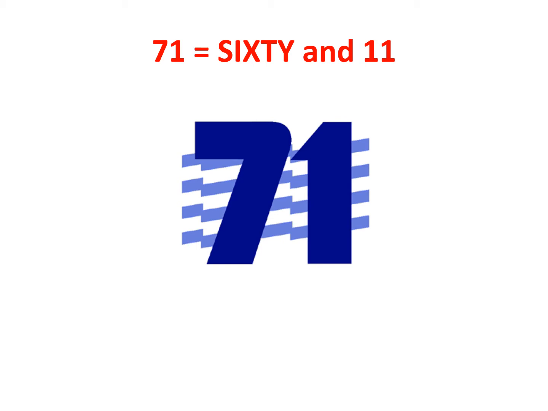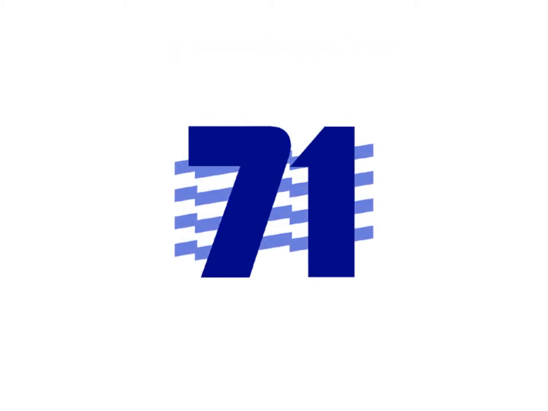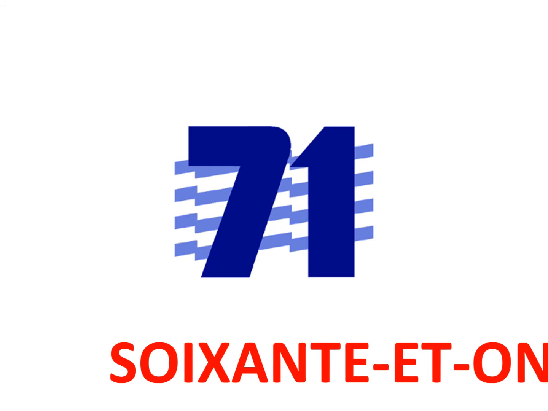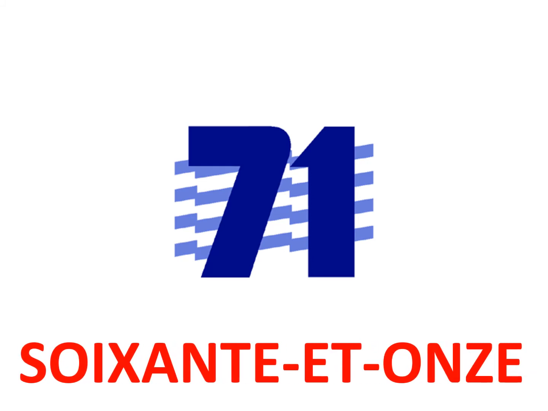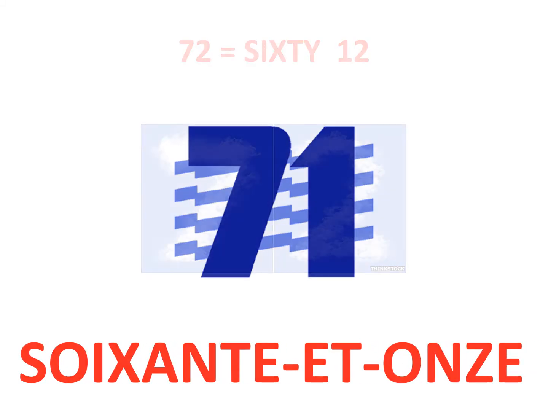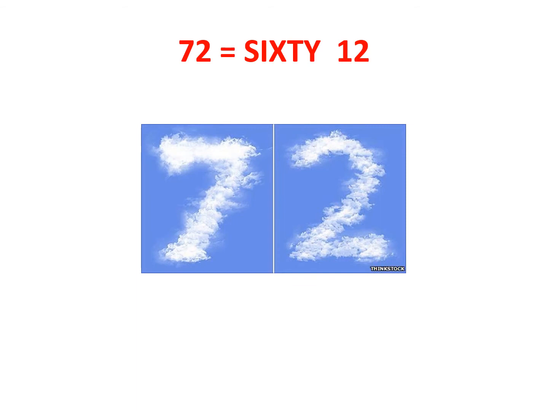So if 70 is 60 and 10, 71 will be 60 and 11. So we know that 60 is 60 and 11 is 11. So that would be 71.